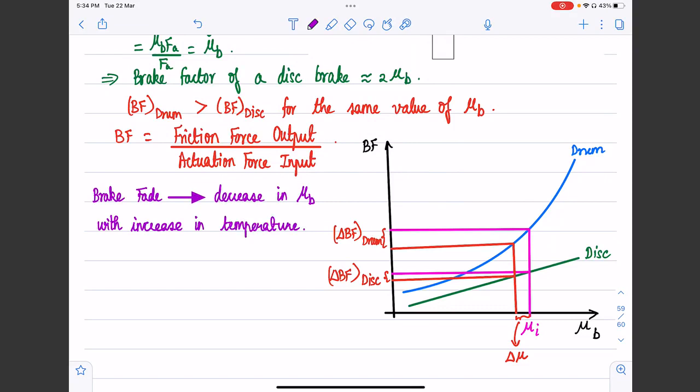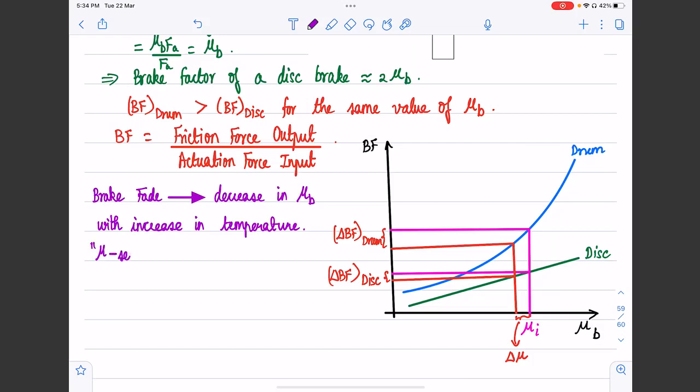But then we can observe that the sensitivity of the drum brake to a reduction in the brake lining friction coefficient is much higher than the sensitivity of a disc brake. This is what is called mu sensitivity.